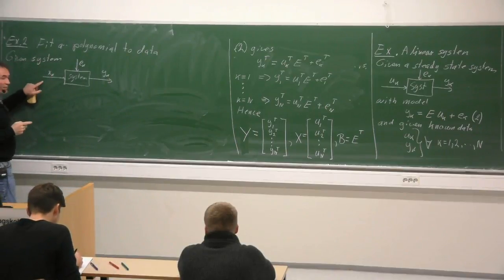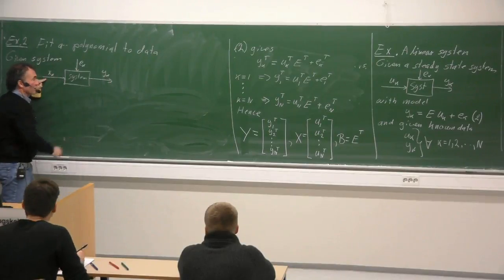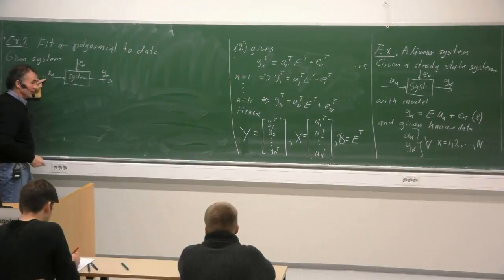Here this could be a valve, for instance. Opening of a valve, and it could be the flow out of this valve. This valve characteristic may be non-linear.